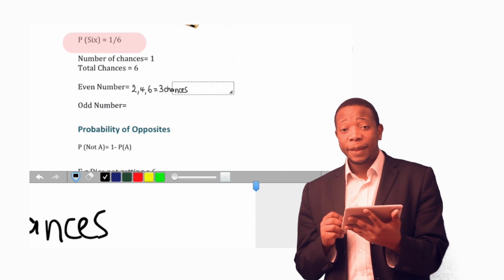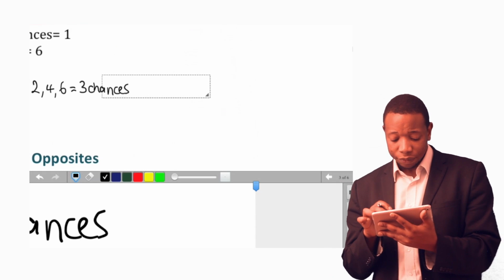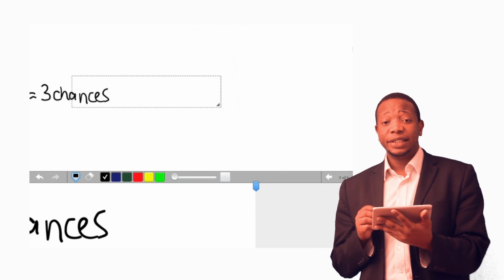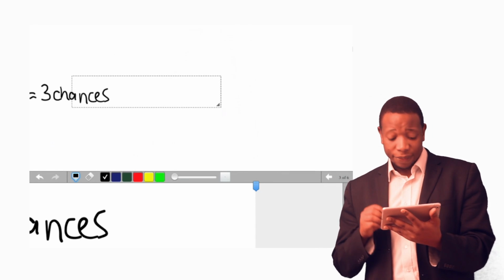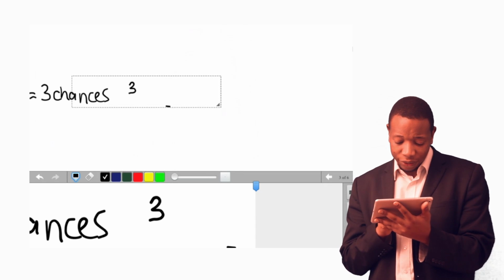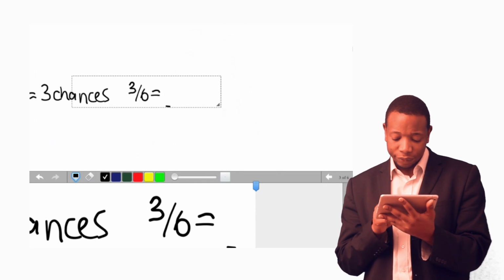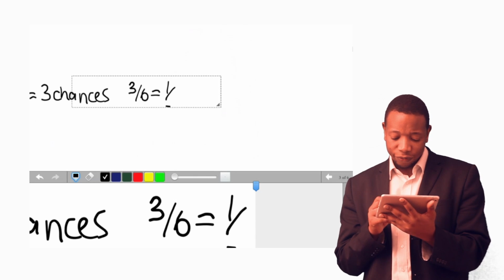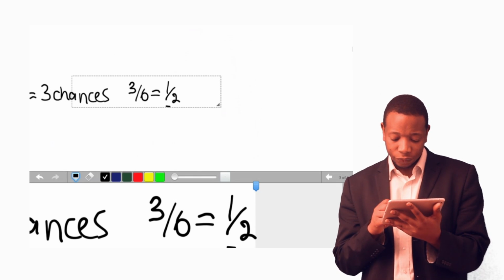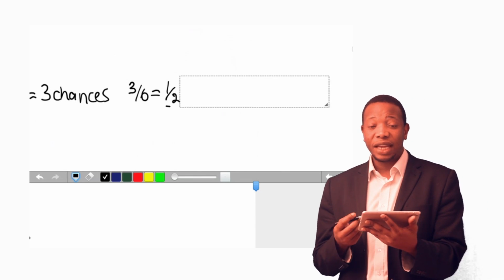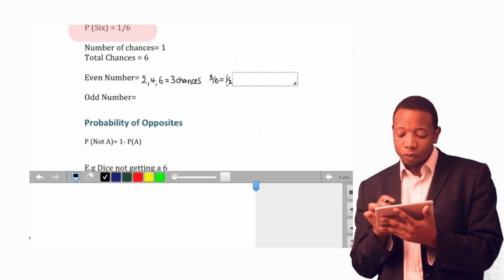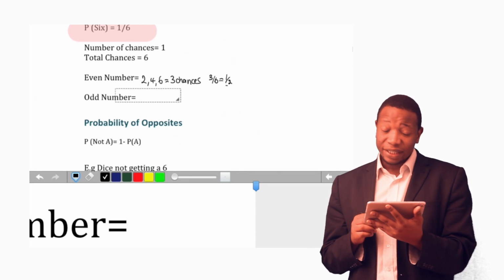So there are 3 out of 6 chances of getting even numbers. It will be 3 divided by 6, and that should be 1 over 2. So there's half a chance of getting even numbers.